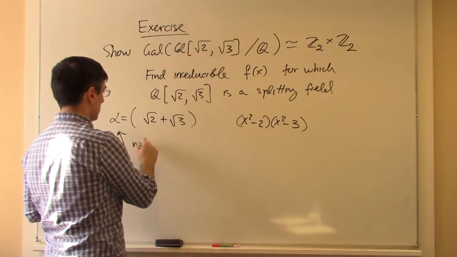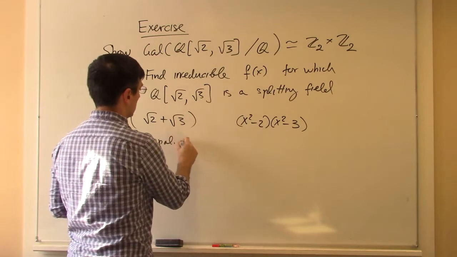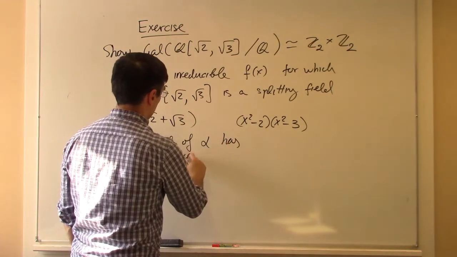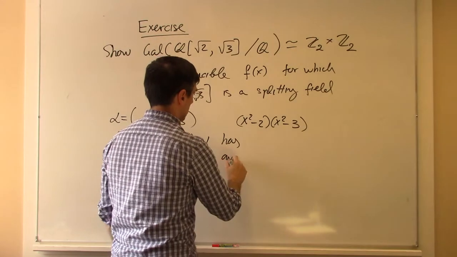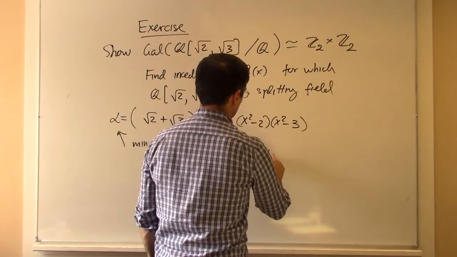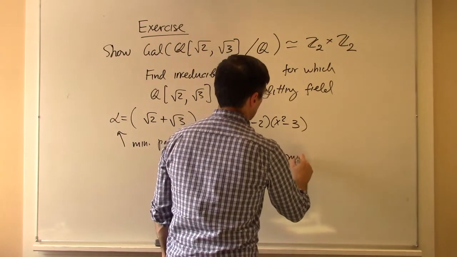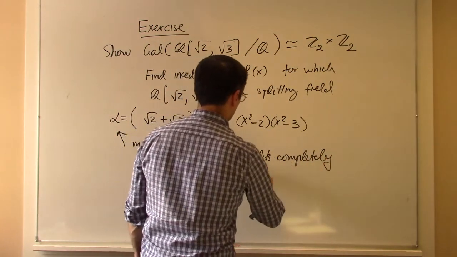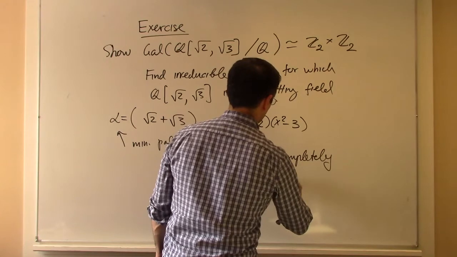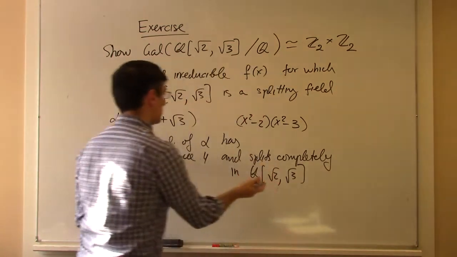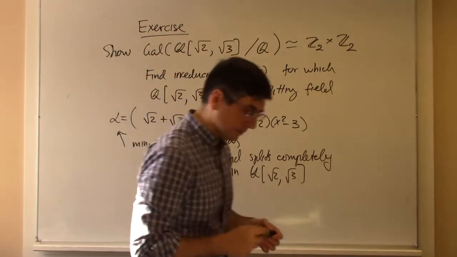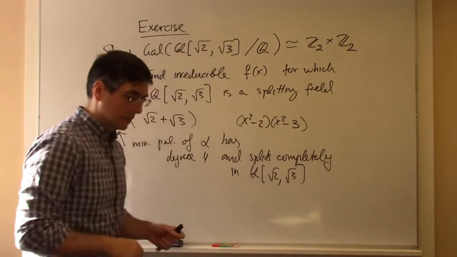So the minimal polynomial of alpha has degree 4 and splits completely in Q(square root of 2, square root of 3). It is essentially the splitting field of this polynomial.